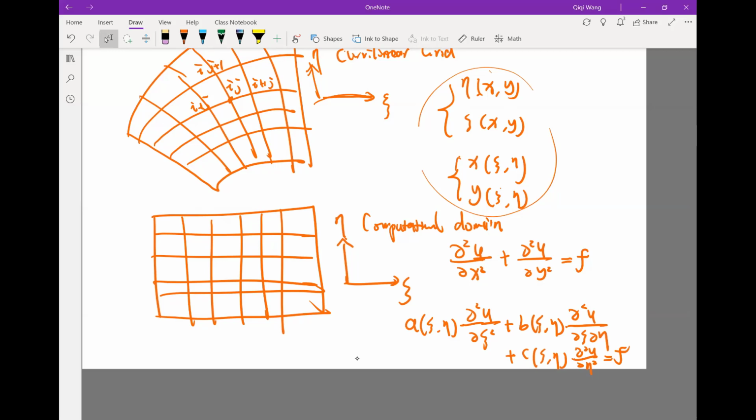So you have to do a transformation to get an equation like this. But once you get an equation like this, the discretization is actually the same. That's usually what happens when you look at the finite difference code in real applications.